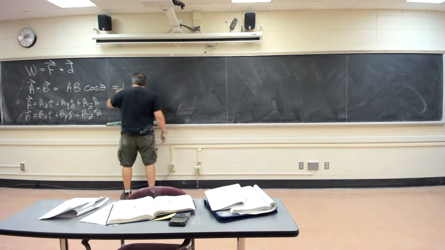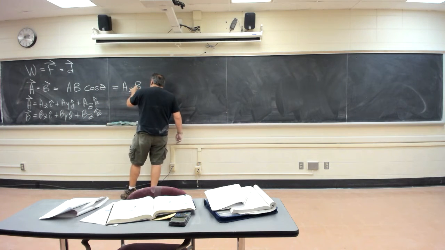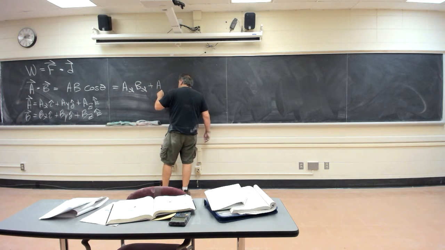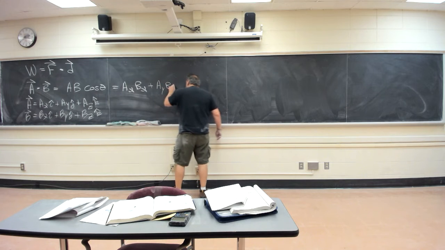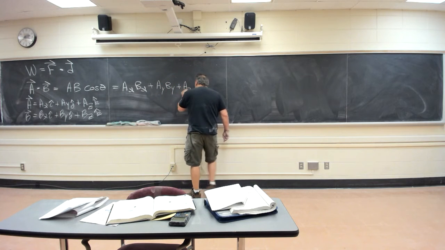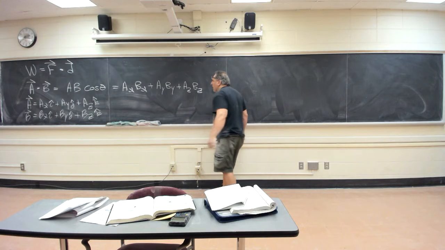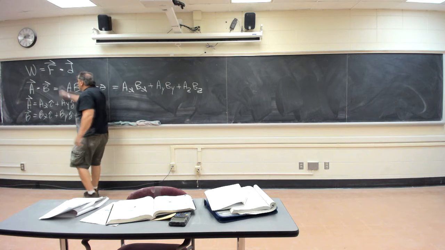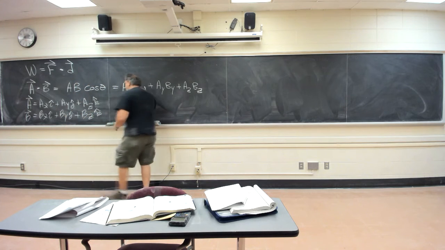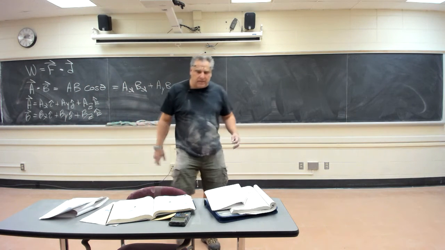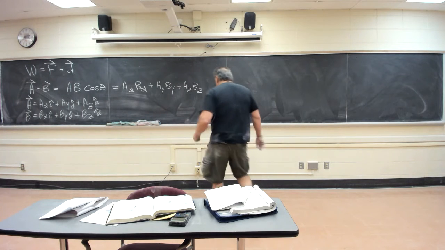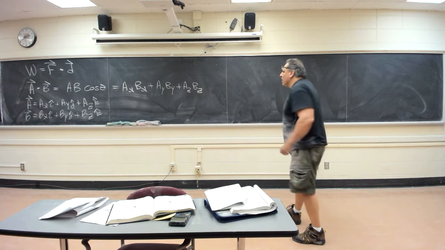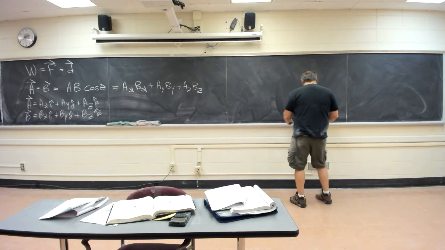And that's also equal to, surprisingly, and derivable in all circumstances, AxBx plus AyBy plus AzBz. This is calculus and non-calculus, guys. We talked about this. So let's see what we have here.